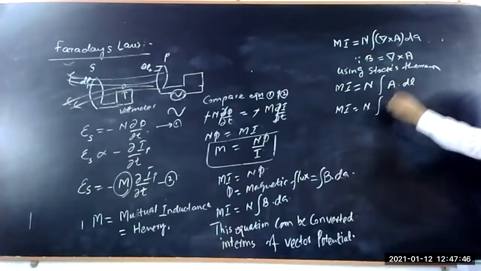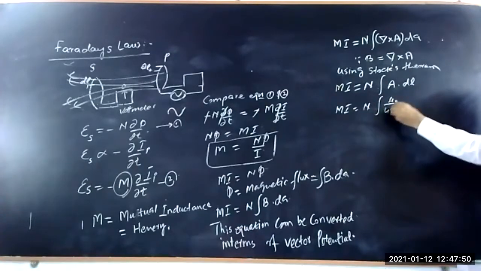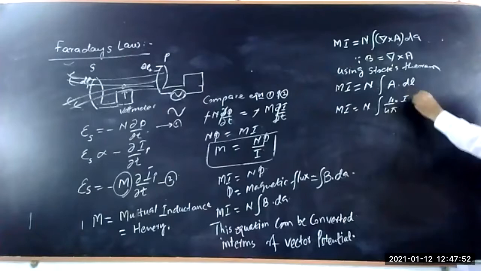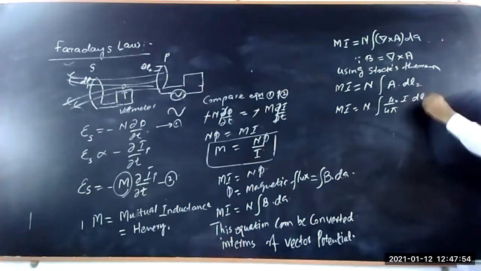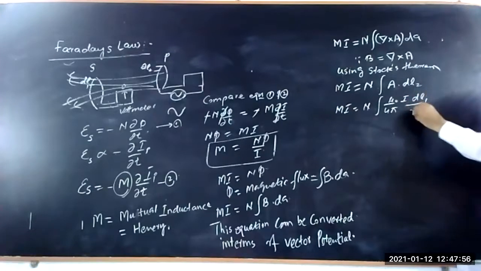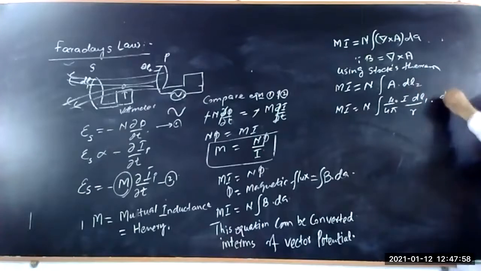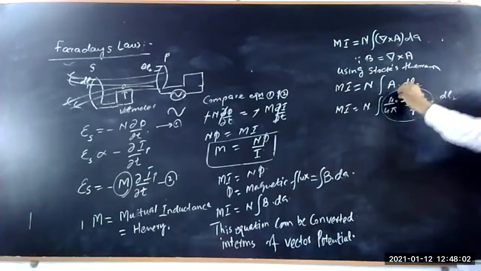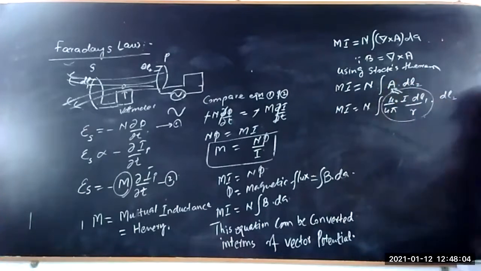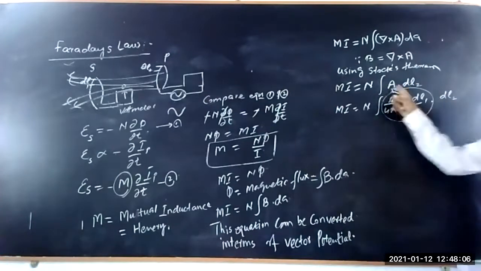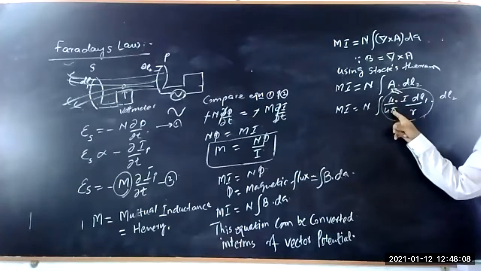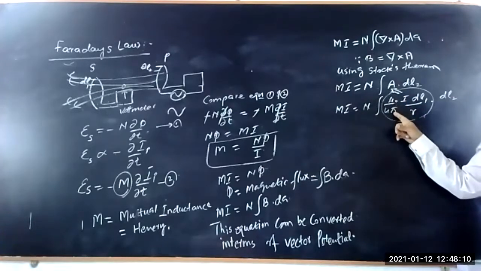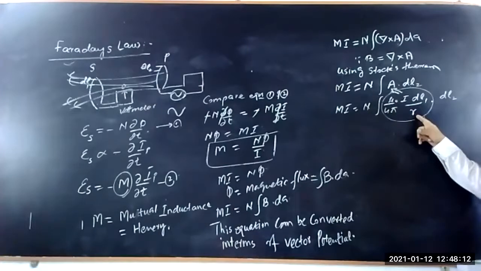So here this can be rewritten as Mi is equal to N into integral of A, and you know that A is equal to mu naught upon 4 pi, dl1 upon r, into this dl2. This is the A. The value of vector potential is equal to mu naught I over 4 pi dl1 upon r.